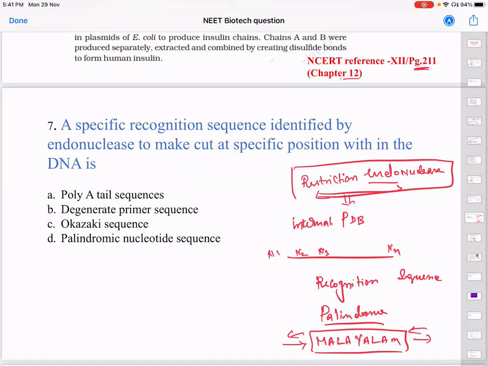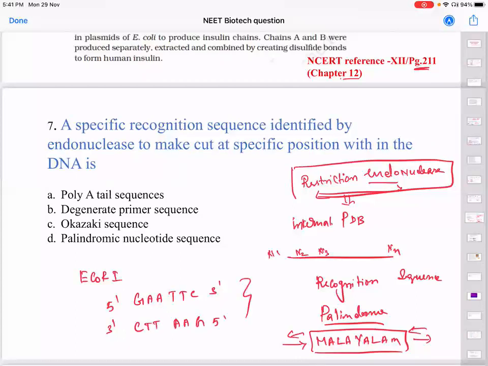So we have a particular sequence in which the endonuclease is going to cut the internal phosphodiester bond. To demonstrate it, let us take the very common restriction endonuclease EcoR1: 5 prime GAATTC 3 prime and 3 prime CTTAAG 5 prime.